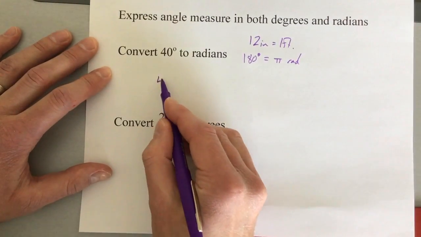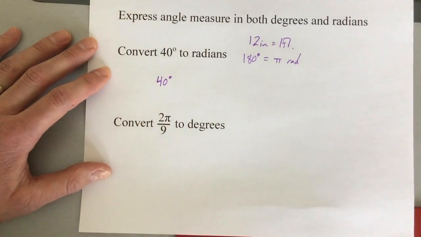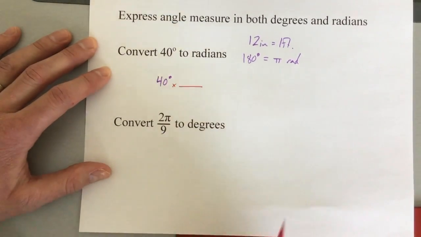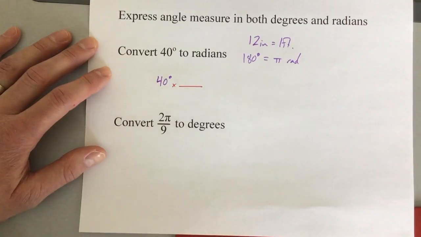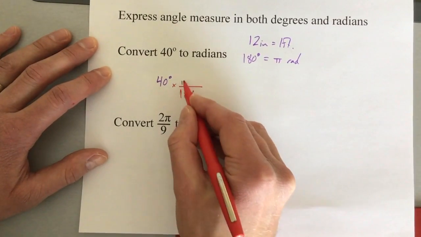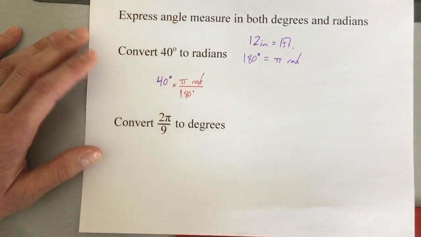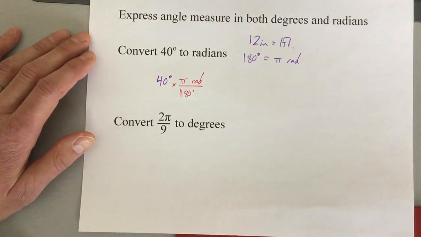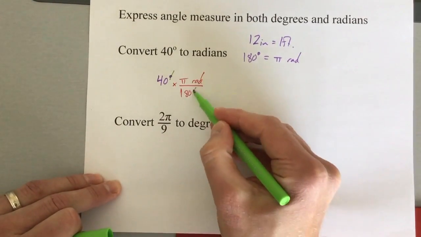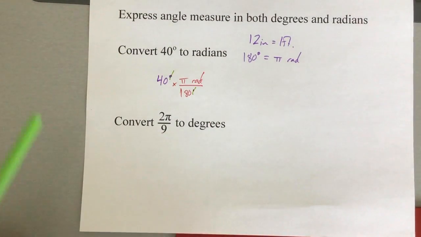So if I want to convert from 40 degrees into radians, I can take that 40-degree angle and multiply it by the conversion factor that will change my units from degrees into radians. So I'm going to multiply by pi radians over 180 degrees so that my units of degrees will cancel each other out.